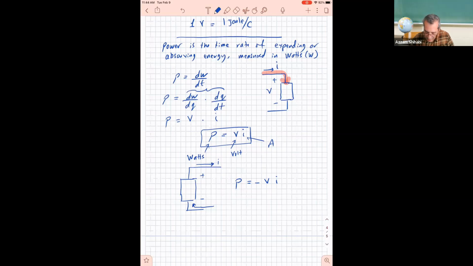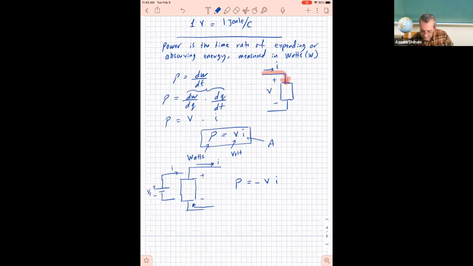Like when you have a battery here, suppose we have a DC source and there's current coming out of the source, I, this is Vs. This element, this battery is supplying, providing power to the rest of the elements in the circuit.